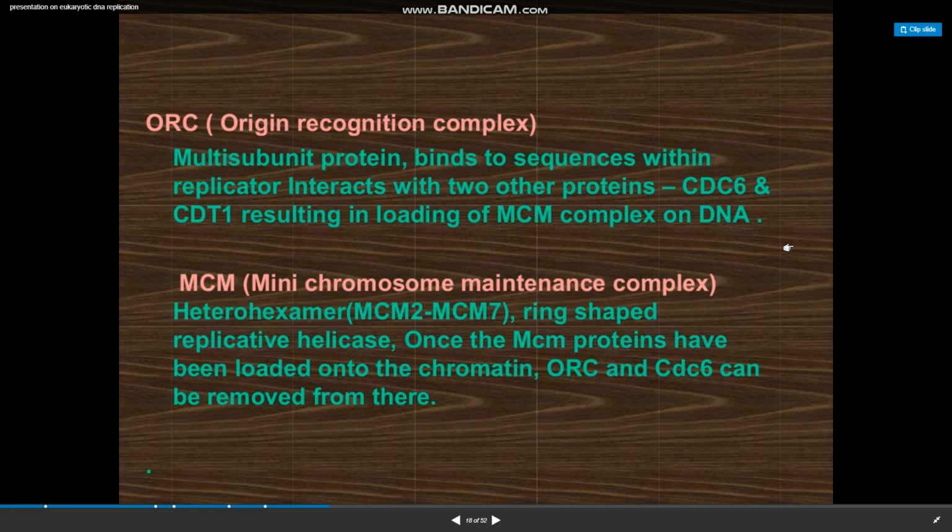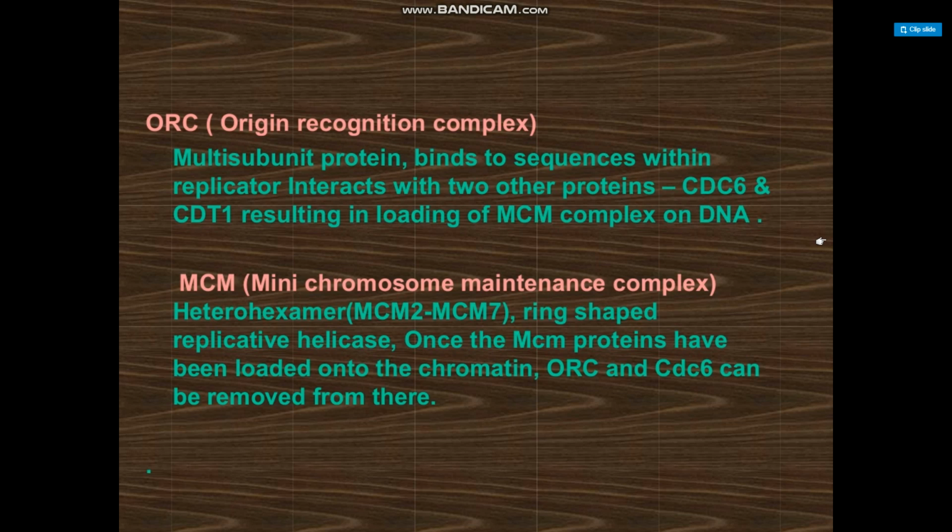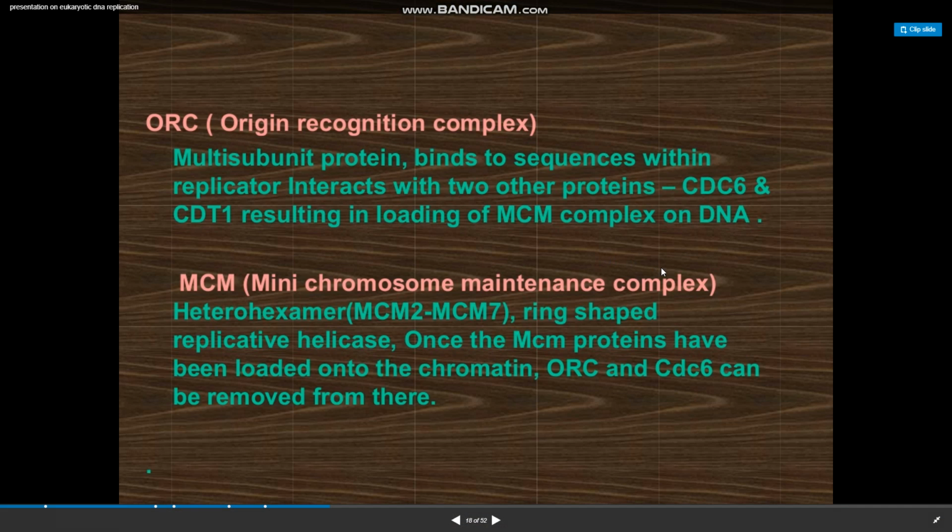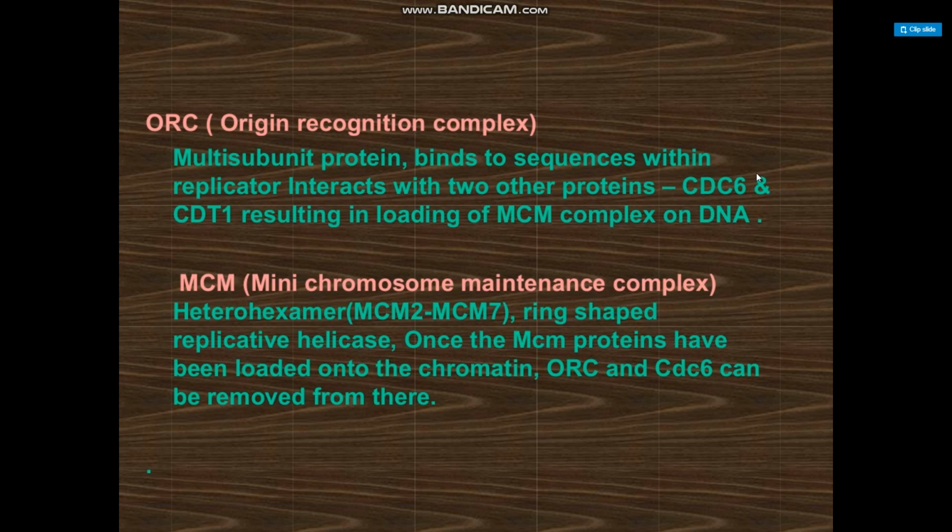The MCM, mini chromosome maintenance complex, is a heterohexamer, MCM2 to MCM7, ring-shaped replicative helicases. Once the mini chromosome maintenance proteins have been loaded onto the chromatin, ORC and CDC6 can be removed from there.